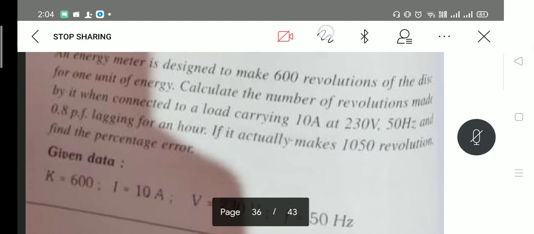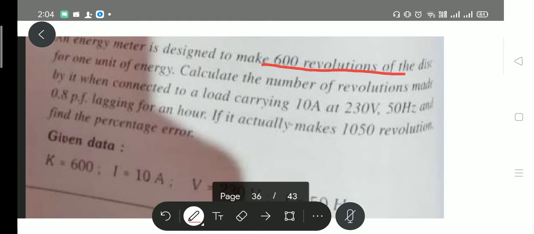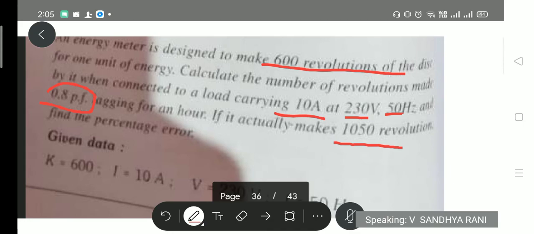Okay, first the given values are K is equal to 600 revolutions, current value 10 amps, voltage 230 volts, frequency 50 hertz, power factor 0.8 lagging, and number of revolutions n is equal to 1050 revolutions.